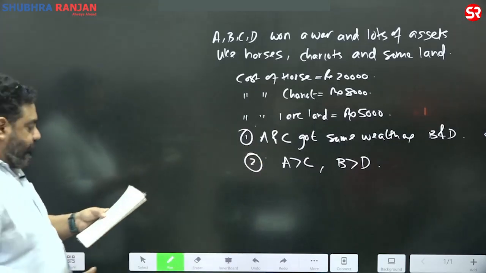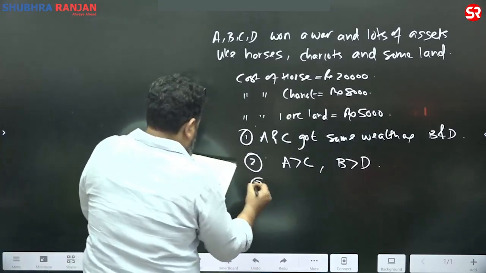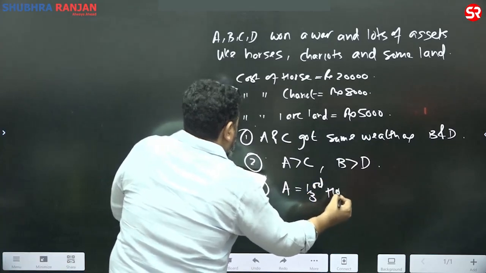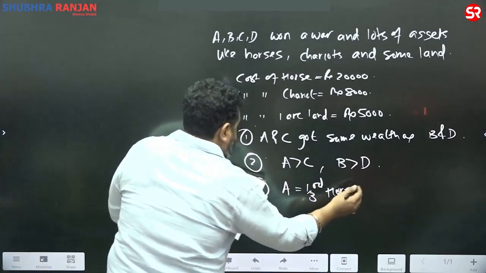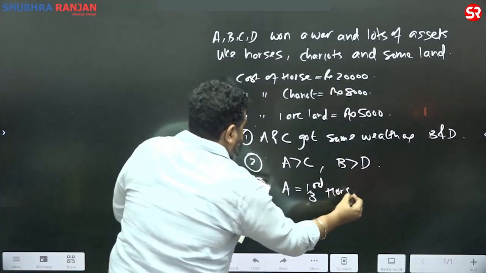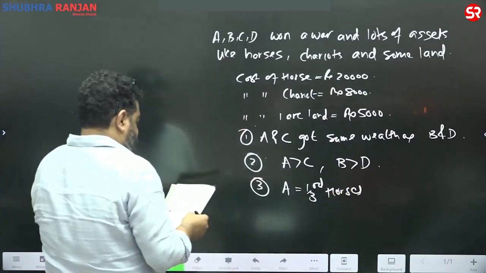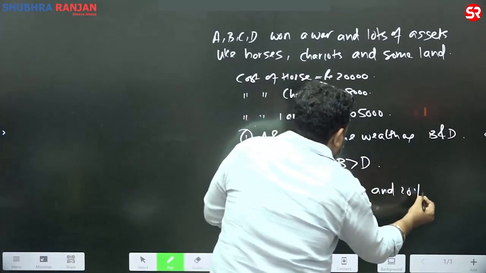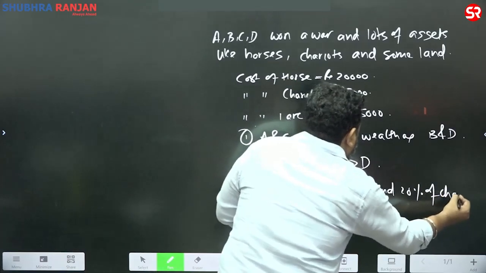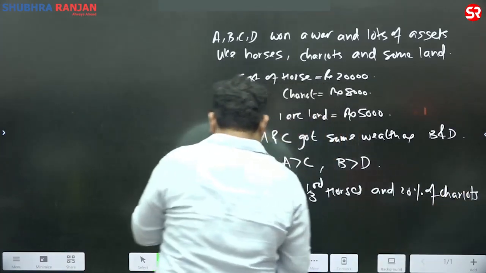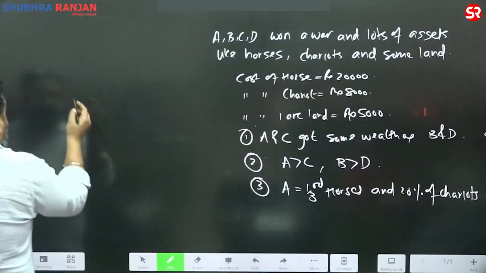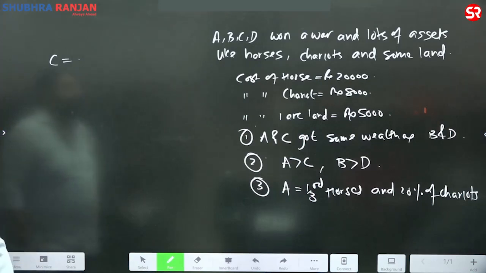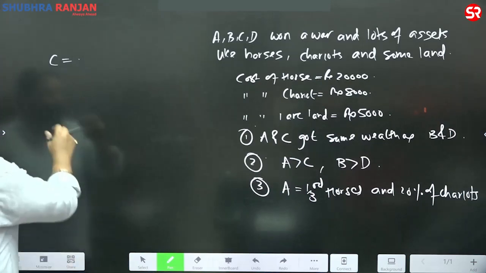All right. A got 1/3 horses and 20% of chariots. Right?